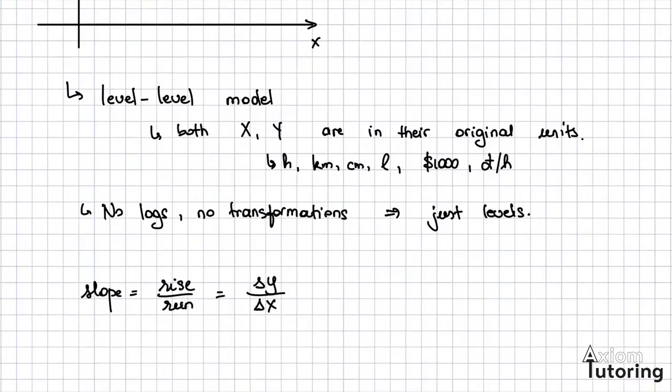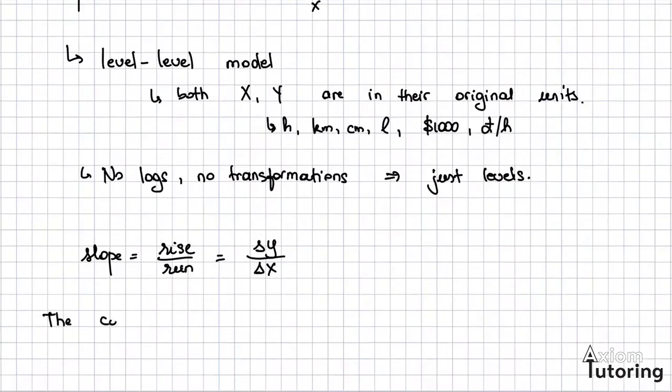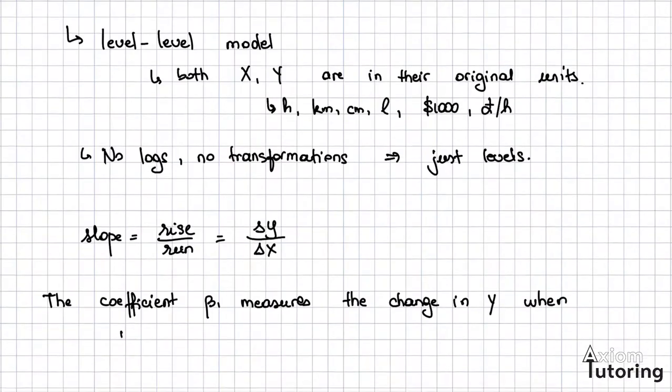So it's very easy to see in here that the coefficient beta 1 measures the change in y when increasing x by 1 unit.